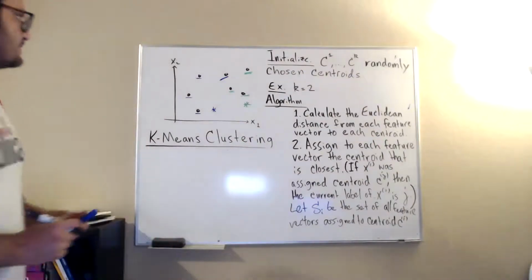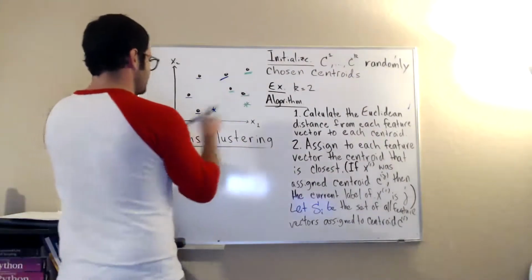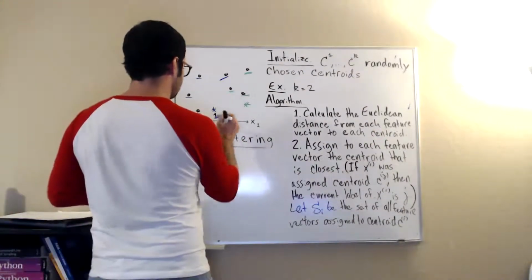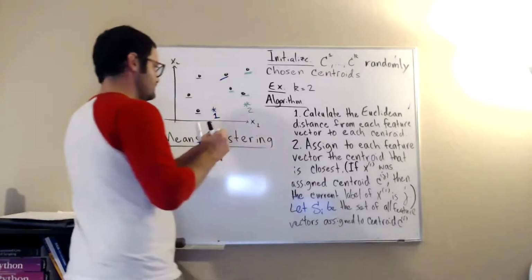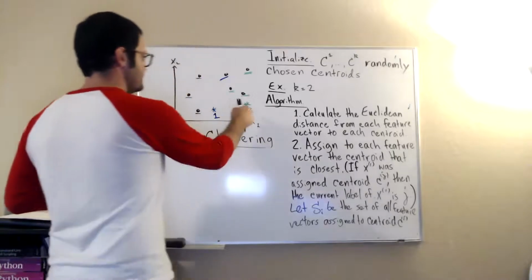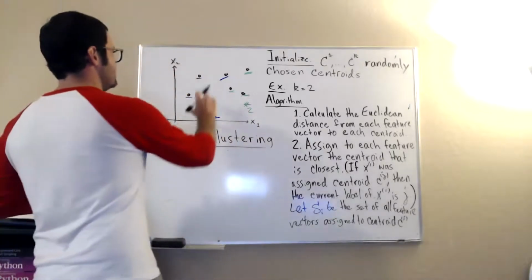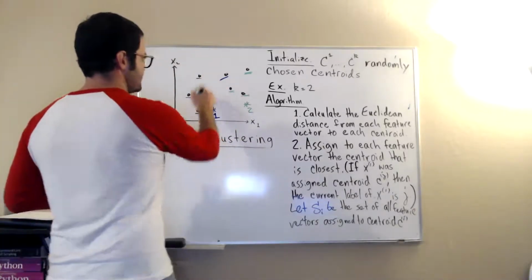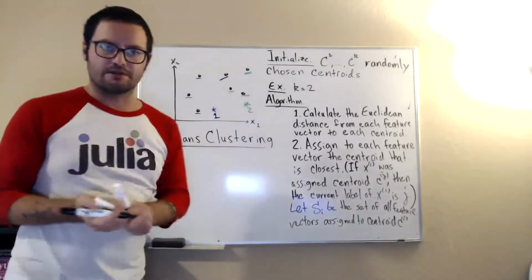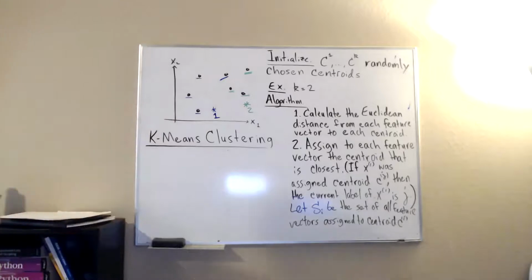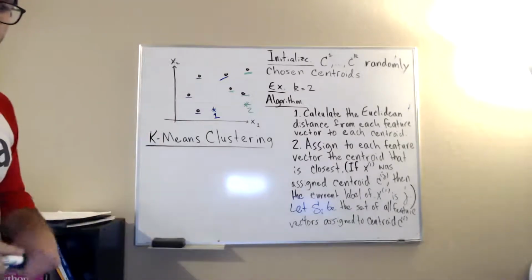Okay, so if blue corresponds to 1, and green corresponds to 2, so C1 and C2, then S1 would be the collection of all blue points at this point, and S2 would be the collection of all green points. All right?